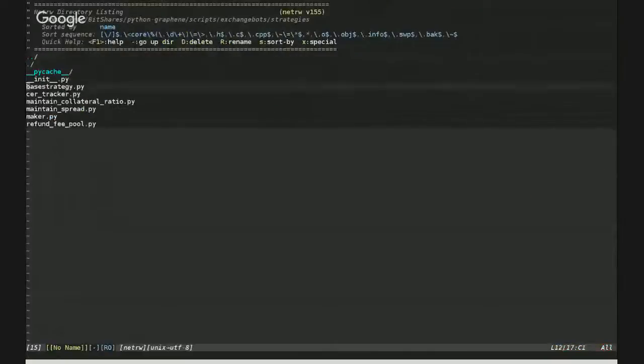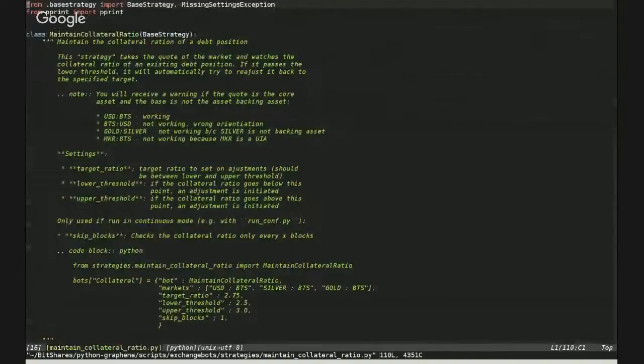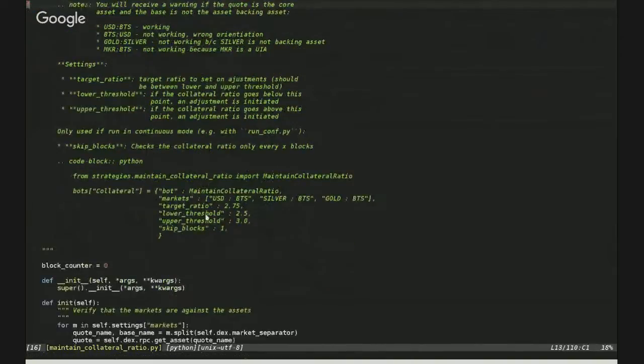So another example, something useful for probably many, is this strategy here. It says maintain collateral ratio, and the idea is that you have a bot that has markets like a market of a bit asset against its short backing asset.